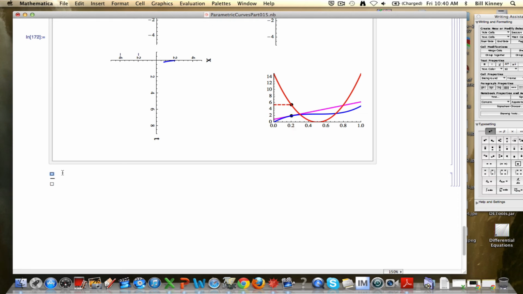Rise over run, 5.5 minus 2 or so divided by 1 minus 0.2 is an approximation. Okay, this is an approximation to the rise over run for the magenta line. This should be around 5. Not exactly. Okay, 4.375. I'm trying to visually estimate where these points are.